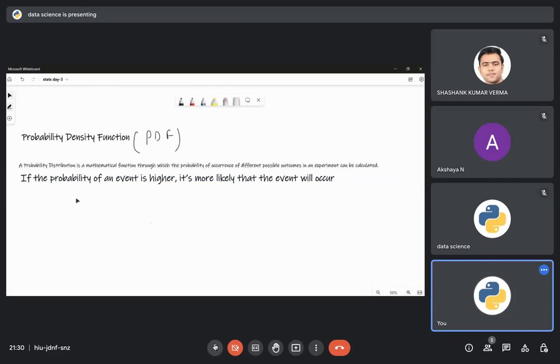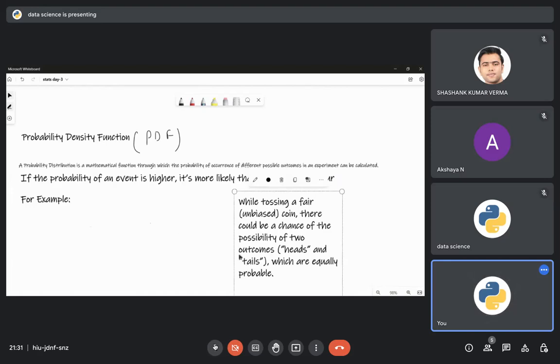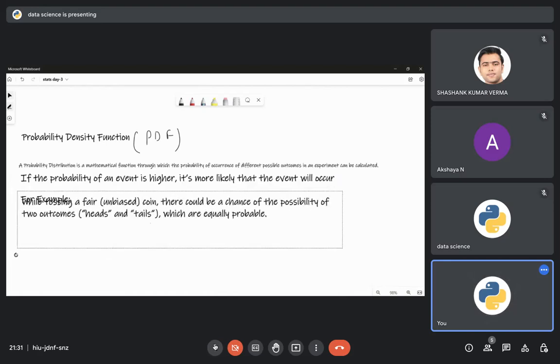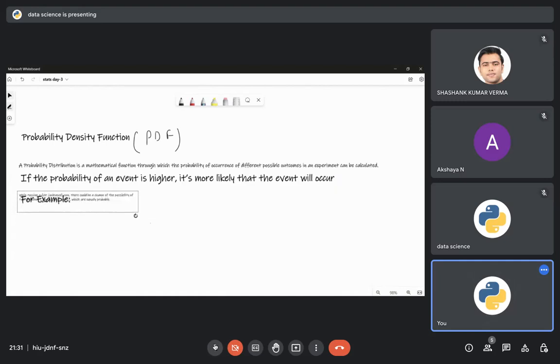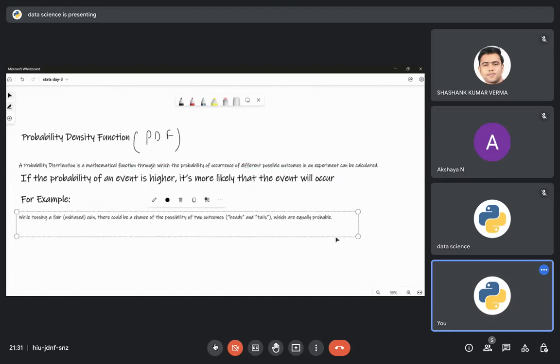I'll take an example. Let's suppose while tossing a fair, unbiased coin, it is not like the coin can get stuck in between head and tail.